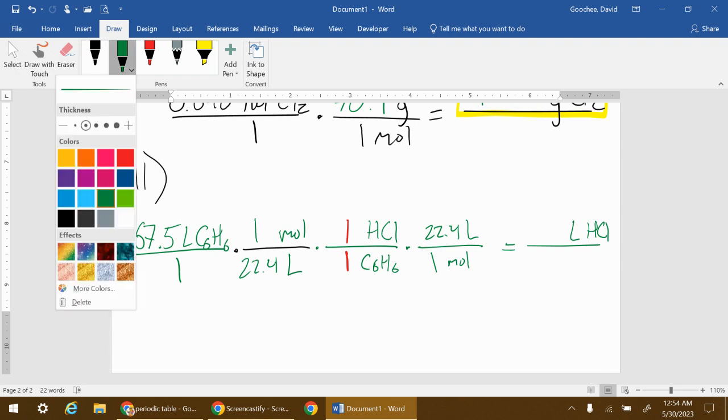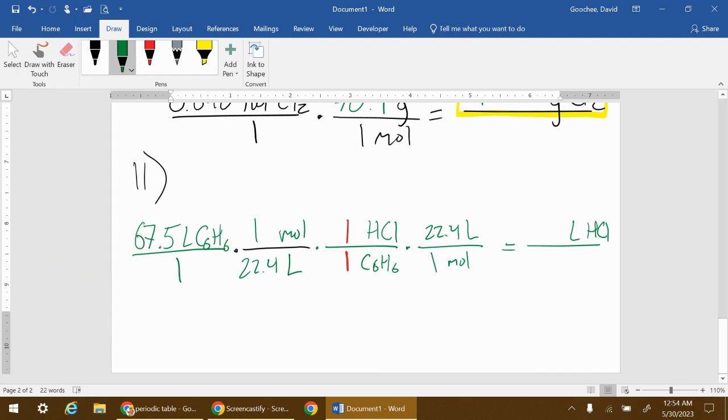Well, guess what? Everything actually cancels out, and you're left with 67.5 liters. In this particular reaction, the same amount of benzene gas is being consumed as HCl gas being produced in a 1-to-1 ratio. For every liter consumed, you spit out a liter of that.